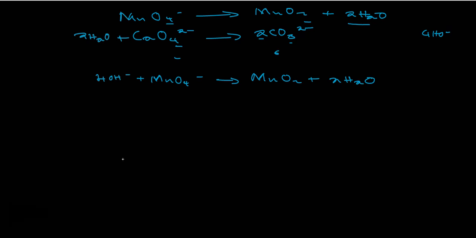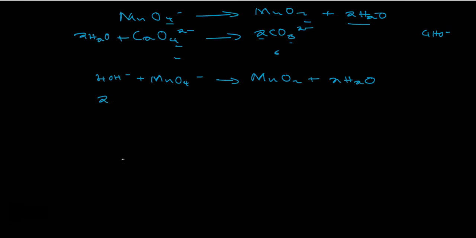What about here? We have how many hydrogen ions? We have 4 hydrogen ions. We have 4, so even there we are going to add 4 hydroxide ions.